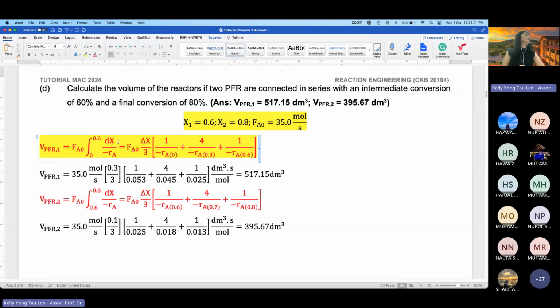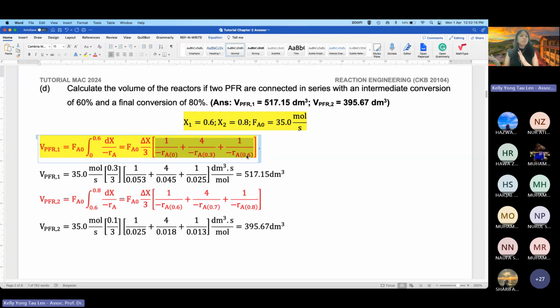So then the integral part, you will convert into Simpson 1/3 rule. So the FA naught stays, then becomes the delta X per 3. Okay, we will discuss how do we find delta X per 3. But most importantly is the 3 points behind.